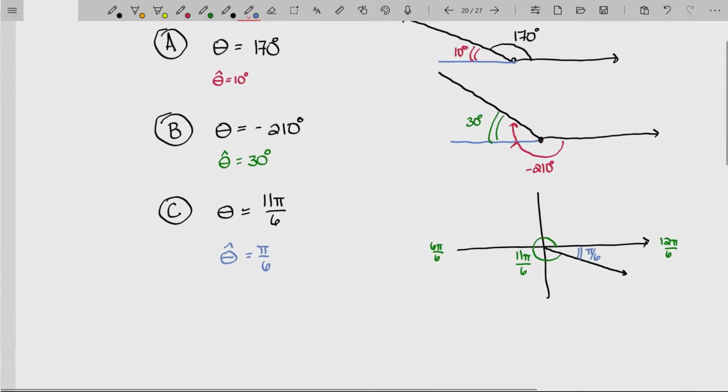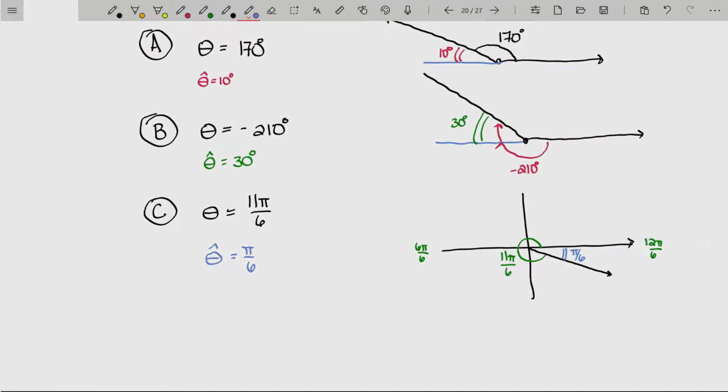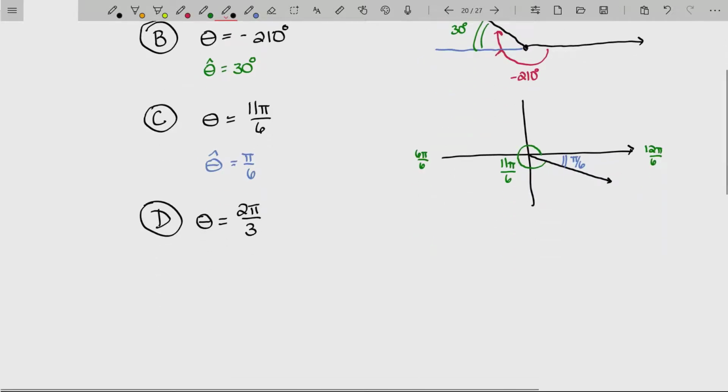Let's do another radian one because I want you to see a pattern that develops with radians. It's not always the case, but often the case. Let's suppose that theta is equal to, let's do 2 pi over 3. Picking on very special angles. So 2 pi over 3. Well, that is not all the way to 3 pi over 3.